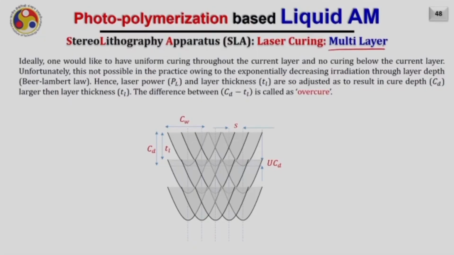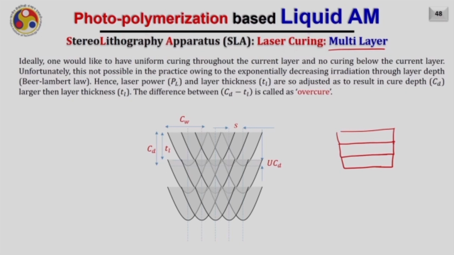So now, multi-layer curing: ideally one should like to have uniform curing throughout the current layer and no curing below the current layer. Meaning to say, if this entire layer is cured, ideally I should be able to cure this much only, then next this much, and next this much. But it doesn't happen. This is because the irradiation exponentially decays through the layer depth, following the Beer-Lambert law.